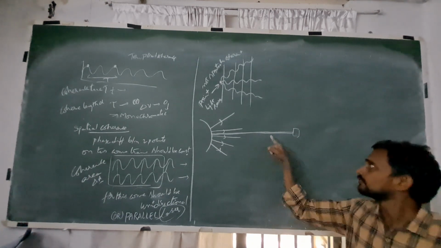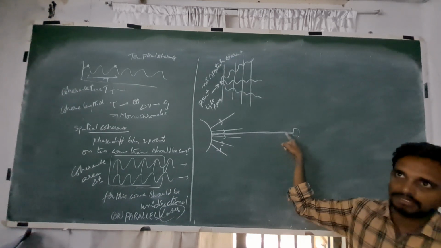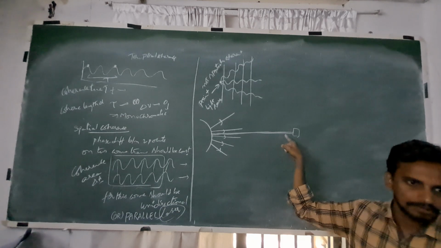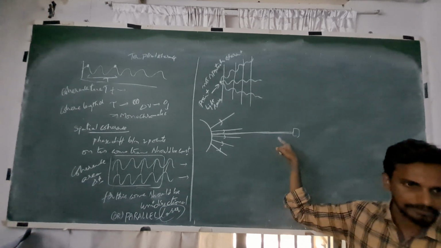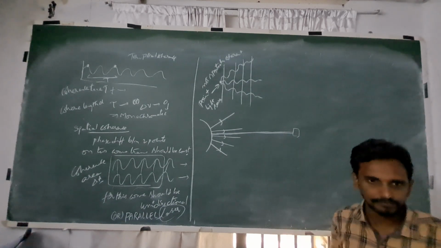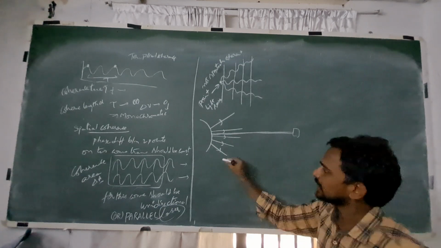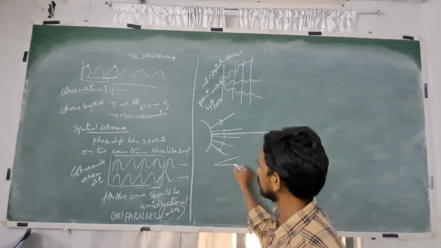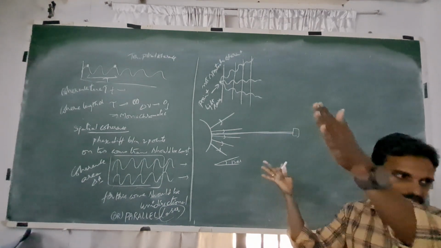Then only we are able to see them. So the arc angle is less than a few seconds, thousands of seconds. Even if the starting point has an arc angle of even 1 second, it would have traveled, crossing the Earth.